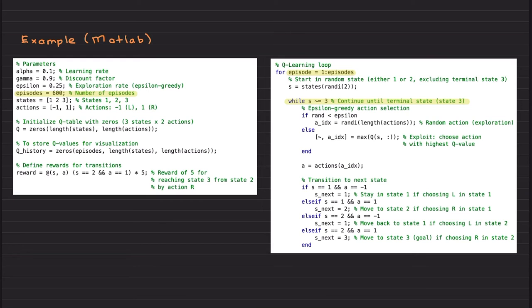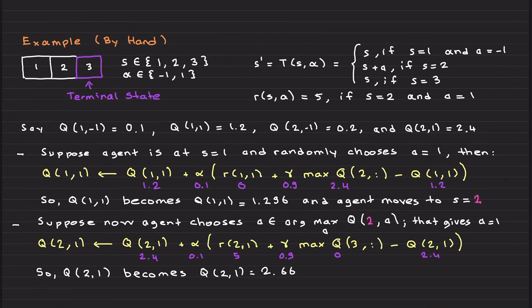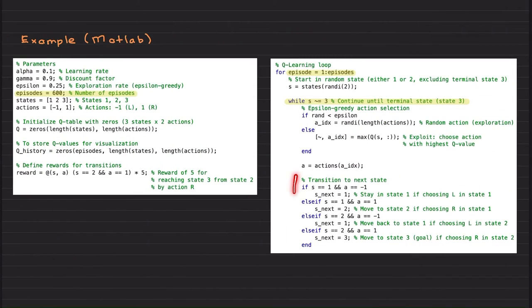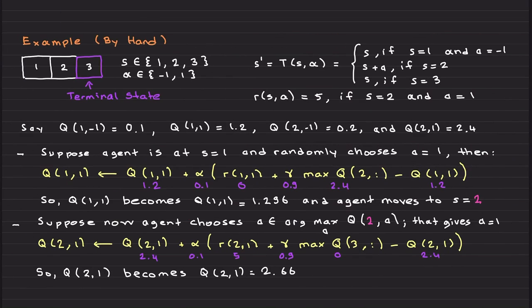We discussed this in the Q function iteration video. It is better to write it like this, but nevertheless, I wrote it like that. Basically, if you are on the first state and want to go left, you cannot. There is no zero state. You stay. If you are on the first state and would like to go right, go right. Let's see if I am missing something here.